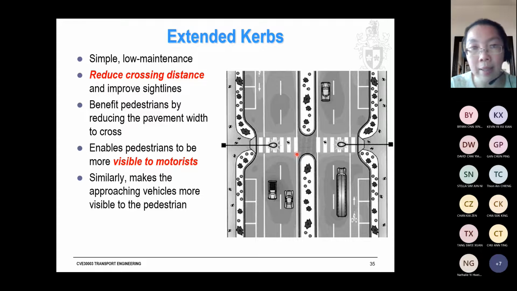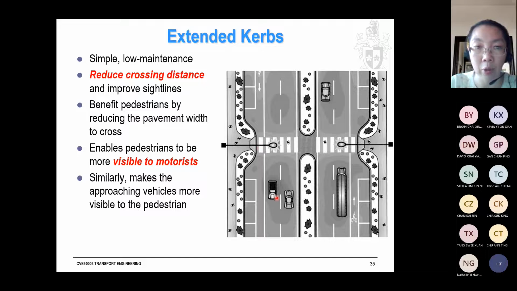Okay. So another facility is extended curbs. From the diagram, if you look at this, the curbs are here and on this side. So what we do is extend it. These are parking spaces. We take out some of the parking spaces and extend the curb so that the pedestrian will stand here and be seen clearly by the motorist.